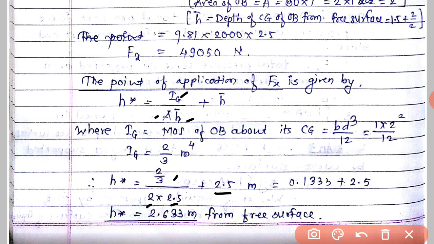So by calculating, this will become 0.1333 plus h bar, that is 2.5. So the value of h star comes as 2.633 meter from the free surface. This is the position of the center of pressure, or the point of application of Fx. Now we have to calculate Fy.